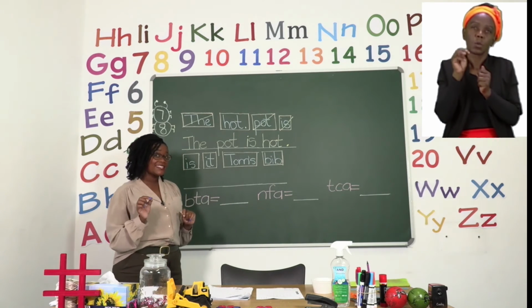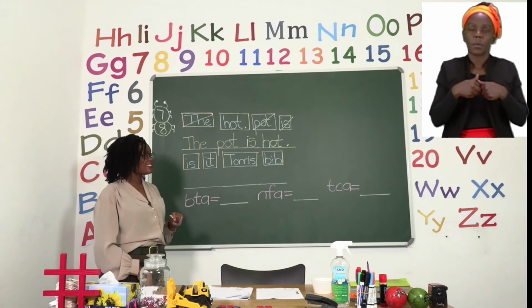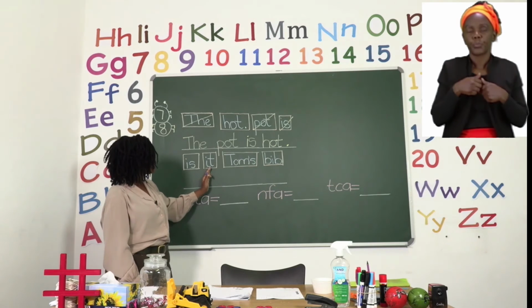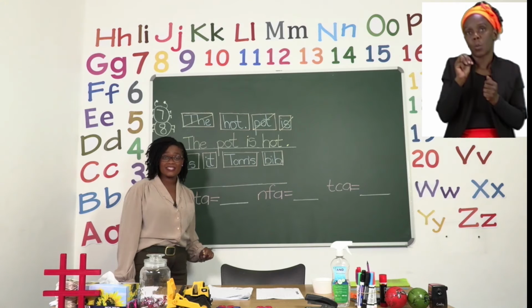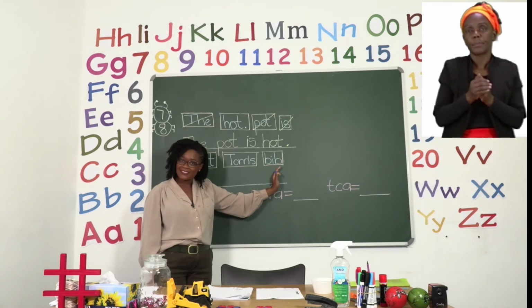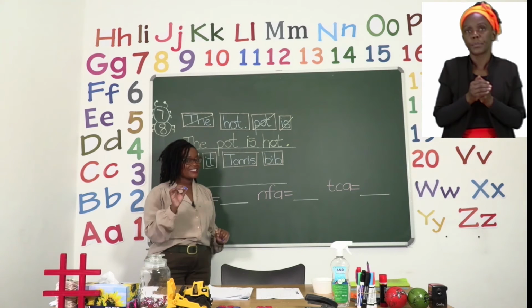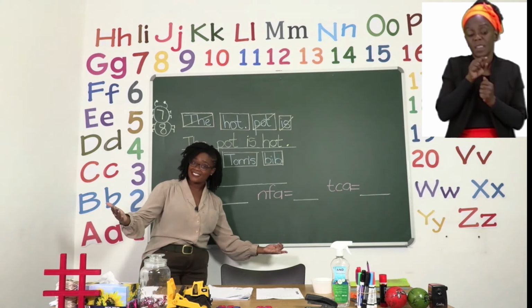Now, when you read this one, it sounds like it makes sense. Let's read it again. Is it Tom's bib? If this was a question, then the way it is right now would make it correct. But this is not a question, it is a sentence. So we need to build it like a sentence.